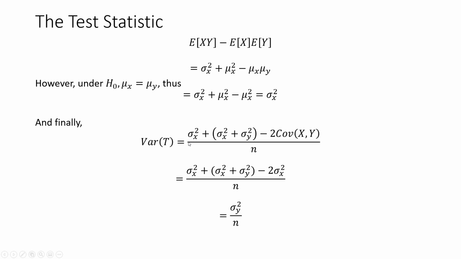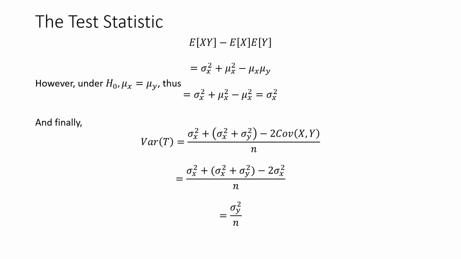And so after plugging everything in, we got sigma x squared plus sigma x squared plus sigma y squared minus 2 times sigma x squared. Notice that the 2 sigma x squared cancels out with this positive 2 sigma x squared, and then we're left with sigma y squared over n.